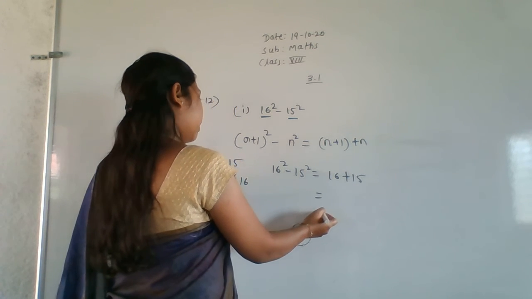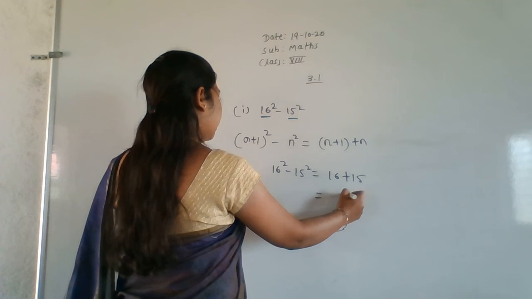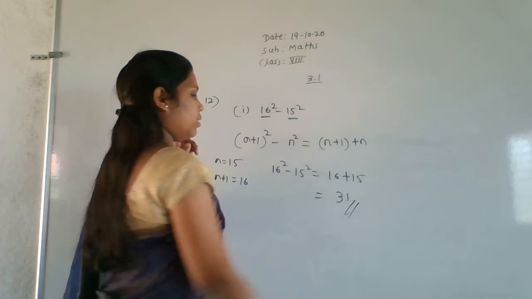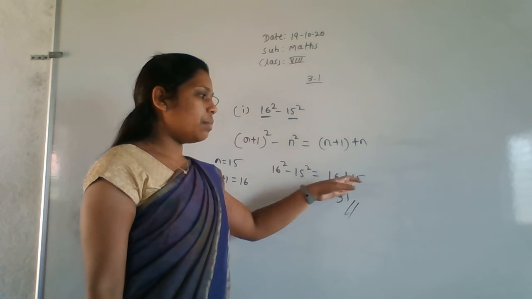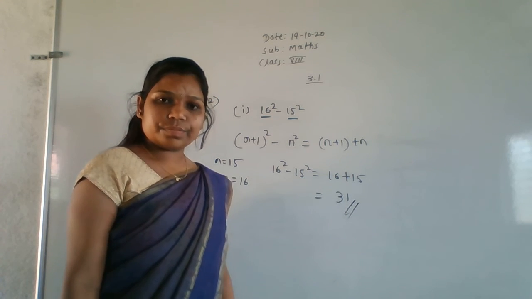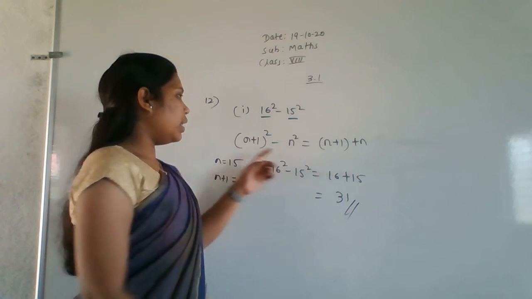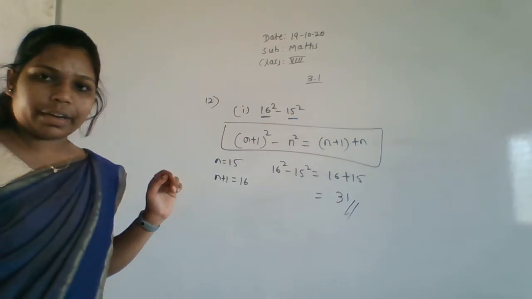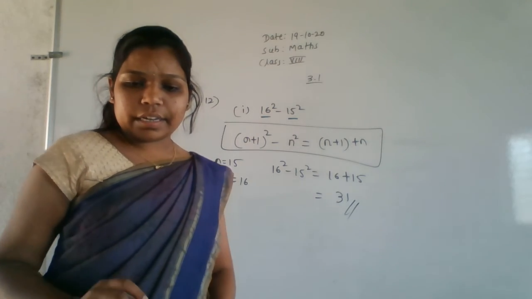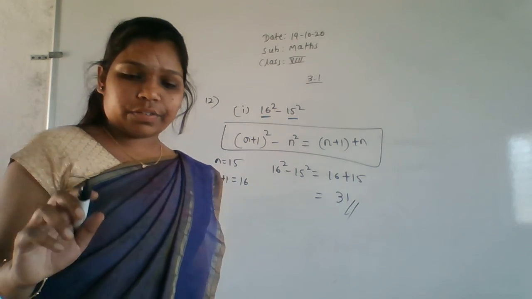What is the answer? 31 is the answer. 16 square minus 15 square is nothing but 16 plus 15, that is 31. Like that, we have to use this formula. Getting it? And the next two problems, do it yourself.